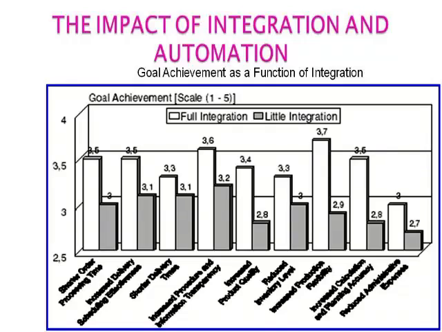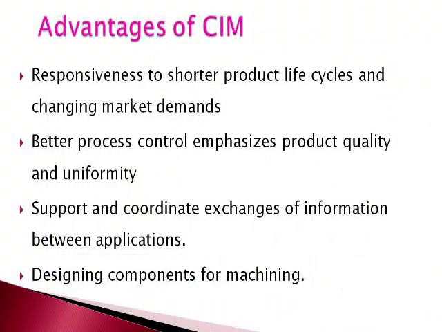After that, we can say what kind of advantages of computer integrated manufacturing we can achieve. Responsiveness to shorter product life cycles and changing market demands is very high if you implement CIM. Better process control, emphasizing product variety and uniformity, is another advantage.